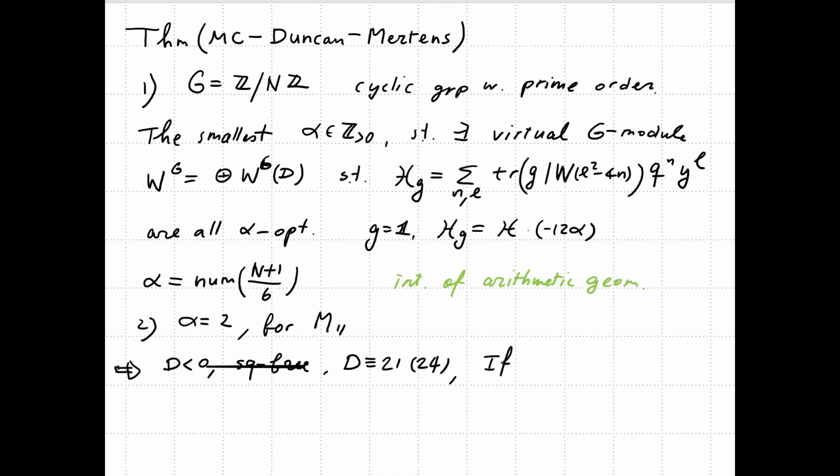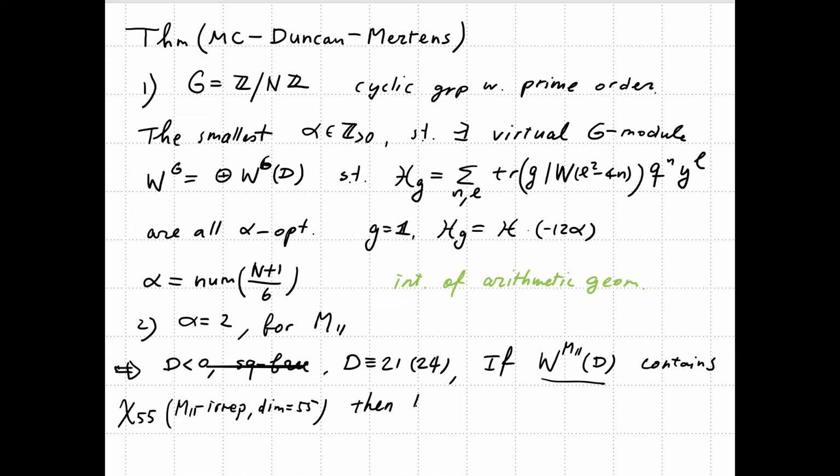Then if this module for M11 contains the representation chi 55, which is an irreducible representation of the group that has dimension 55, then you can actually show that D is not a congruent number.